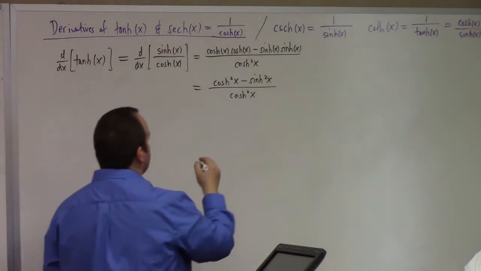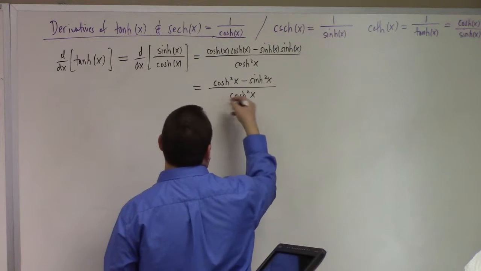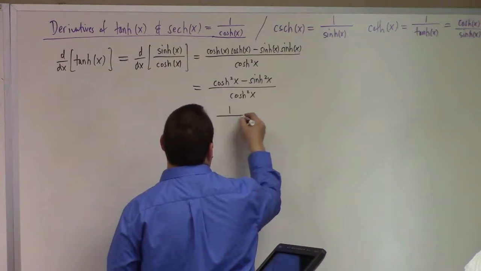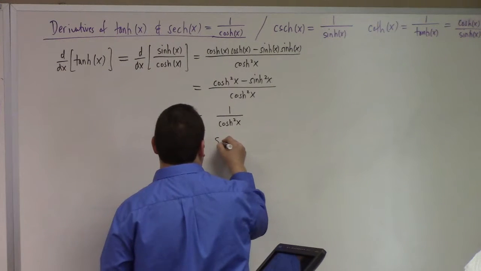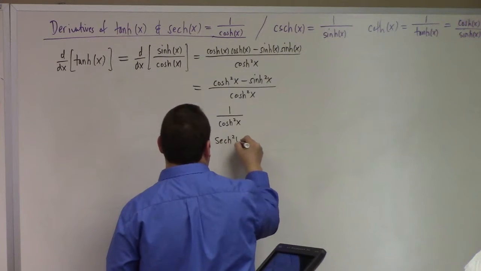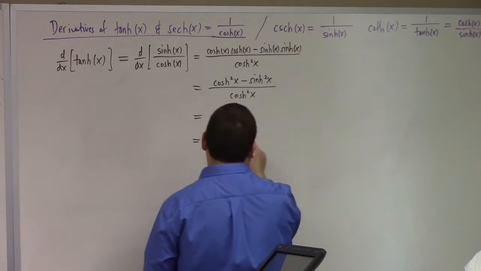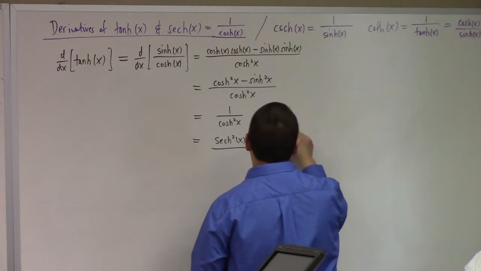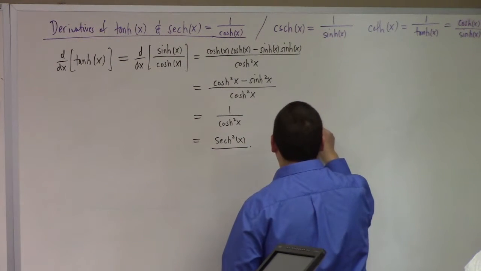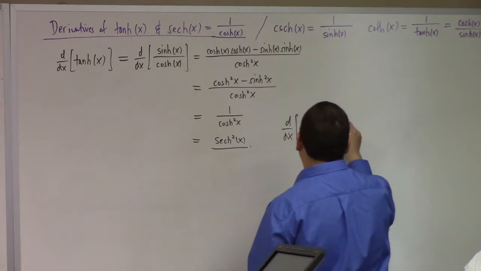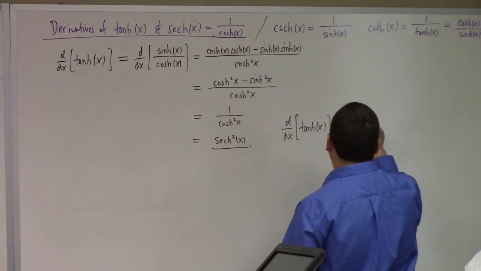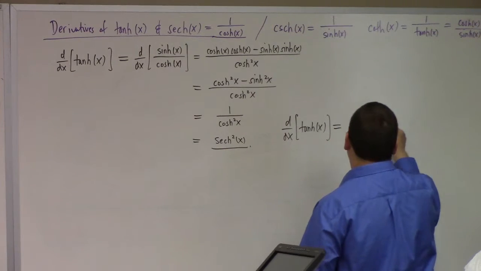The numerator is exactly 1, so it's 1 over cosh squared x, which is hyperbolic secant squared of x. So there you have it. The derivative with respect to x of the hyperbolic tangent of x is the hyperbolic secant squared of x.